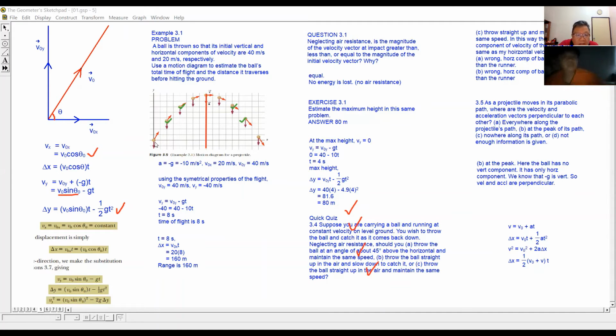So the time taken for the whole journey, from the ground level up, then back to ground level, is called the time of flight. It is called the time of flight. And they ask, what is this distance here?